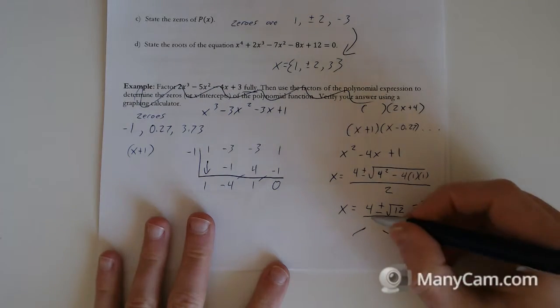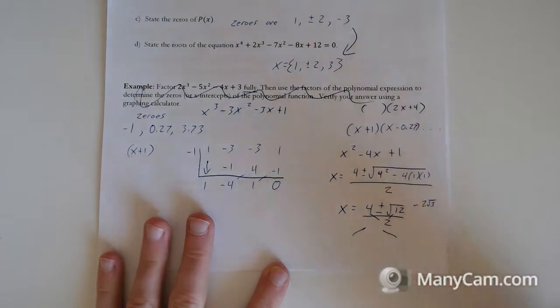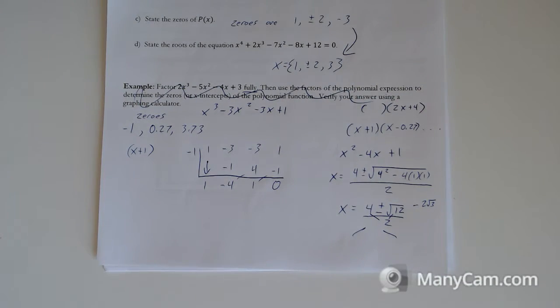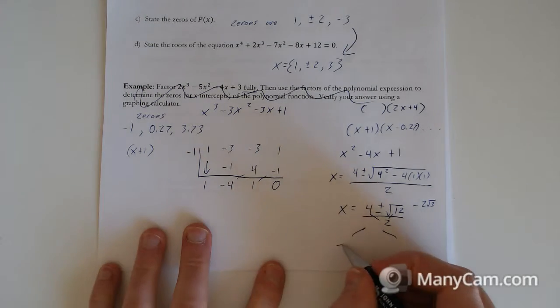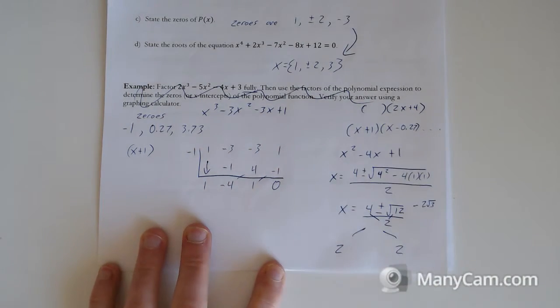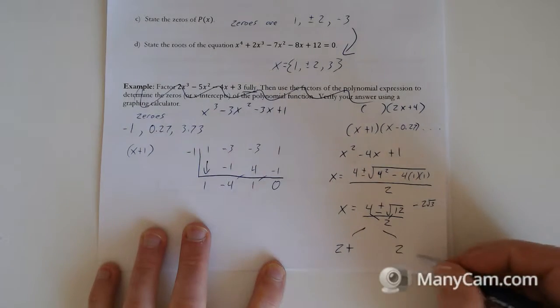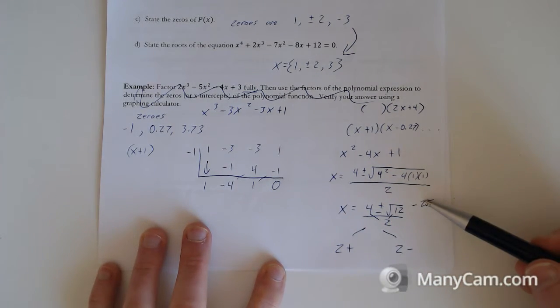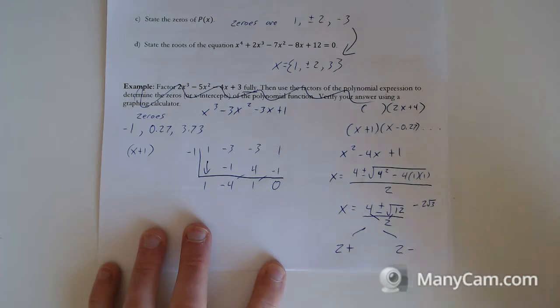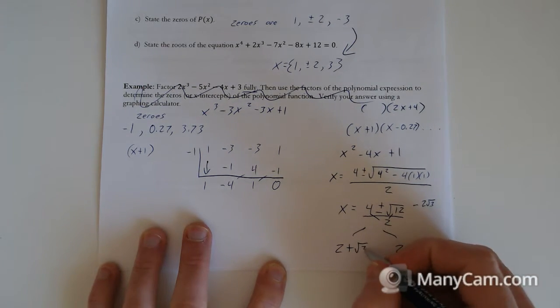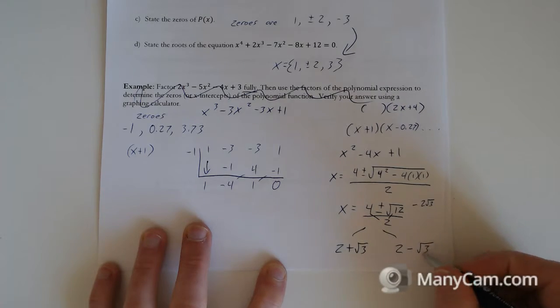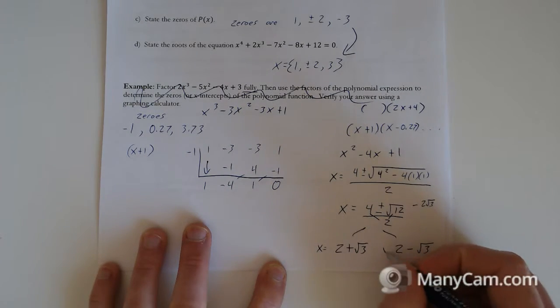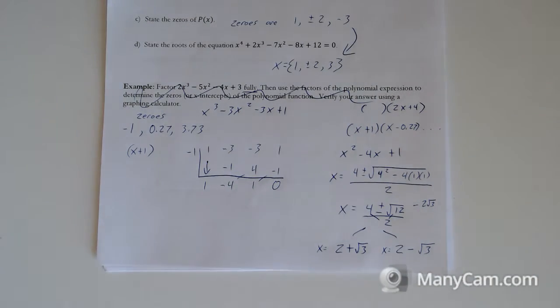And then you're going to divide the front and divide the back. When you divide the front, it becomes 2. When you divide the back, it becomes just root 3, because the 2 divides by the 2. Always divide the coefficient. 2 plus root 3 and 2 minus root 3. And those are our two exact solutions for this one.